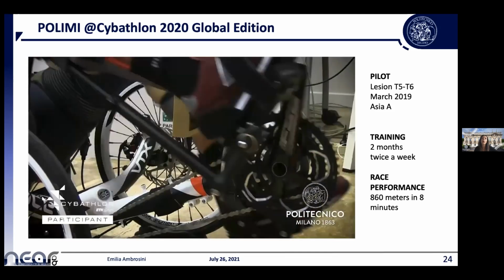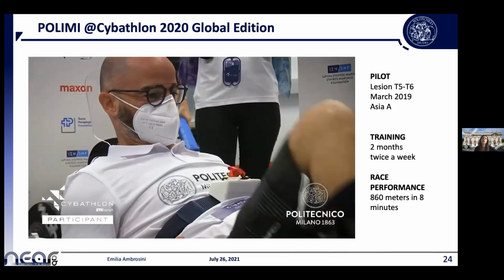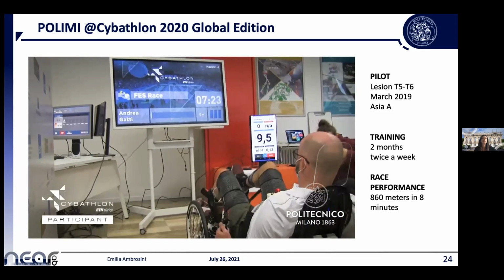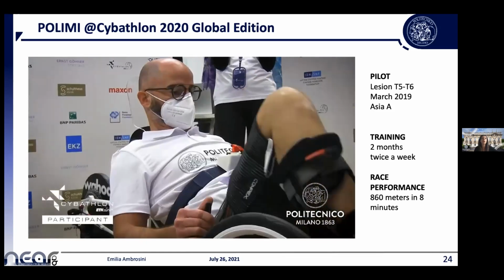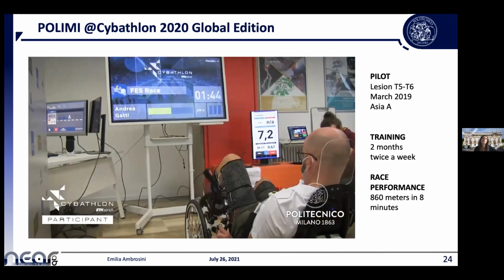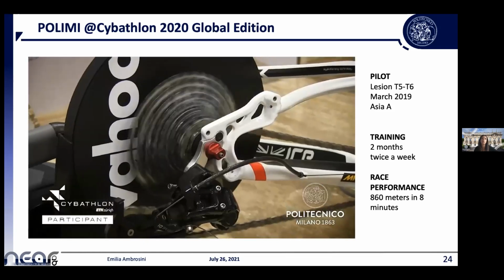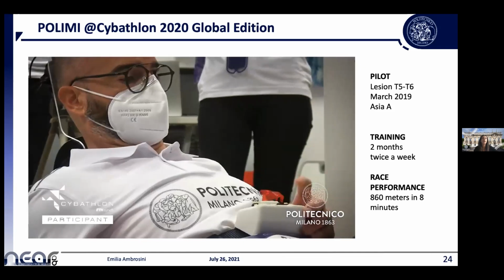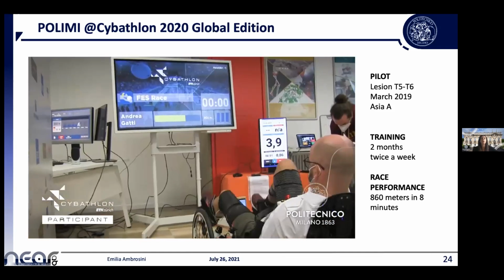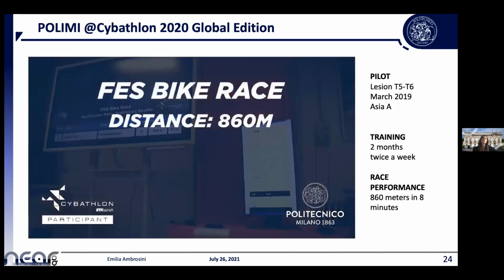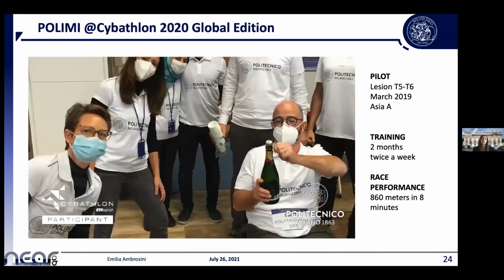Here you can see our pilot, who has a T5, T6 lesion. The accident occurred in March 2019. The pilot is ASIA A, so no motor and no sensory feedback. Due to COVID, we could train for only a very short time: just 2 months, twice a week.